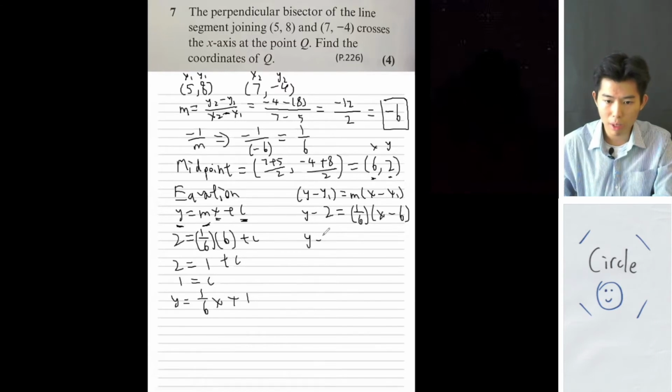From there, y minus 2 equals 1 over 6 x, and minus 6 times 1 over 6 will be minus 1. y would equal, if I move this minus 2 to the right, 1 over 6 x minus 1 plus 2, which will be plus 1.